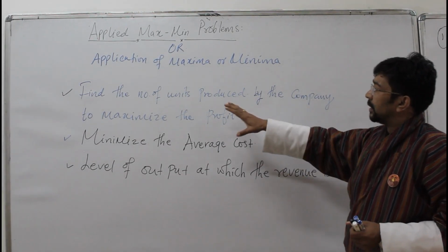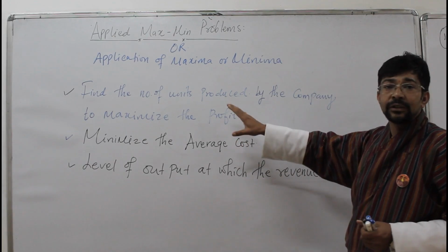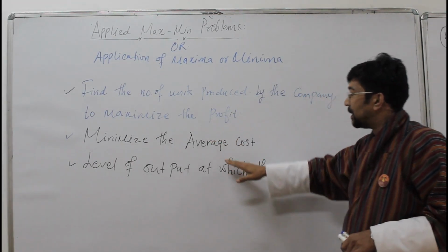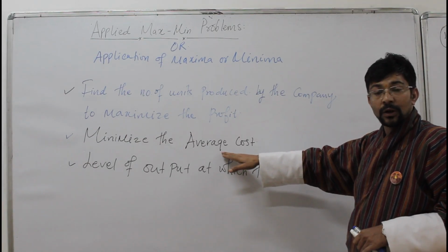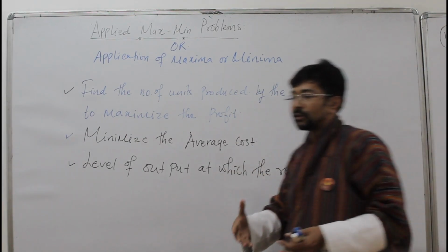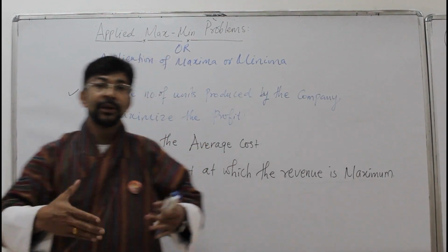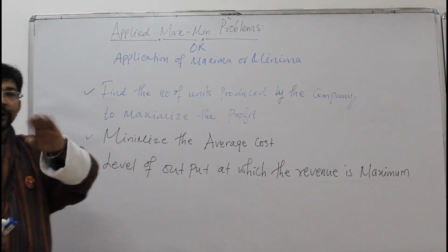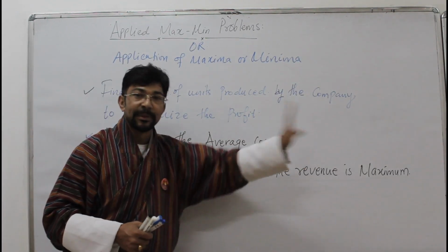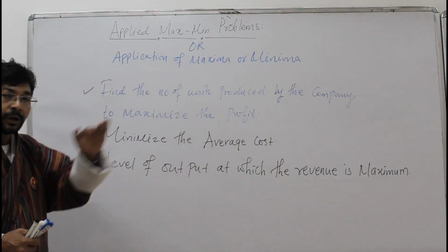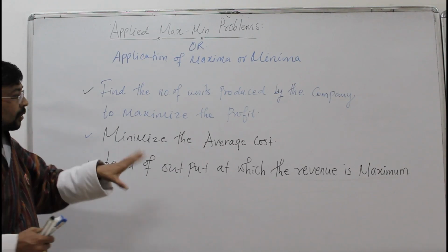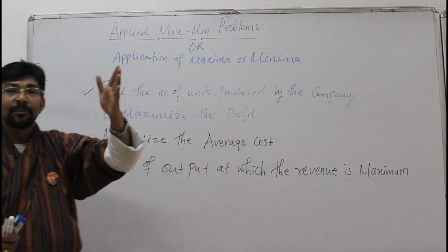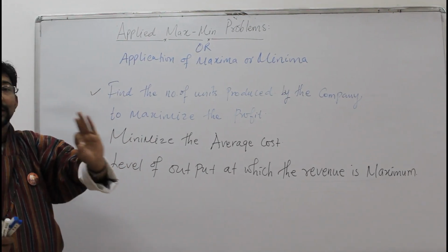So, the industry may be interested to find the maximum profit by minimizing the average cost. Or the company might be interested to find the level of output at which the revenue is maximum, or at what value the revenue is minimum, or at what level of output the profit is maximum.